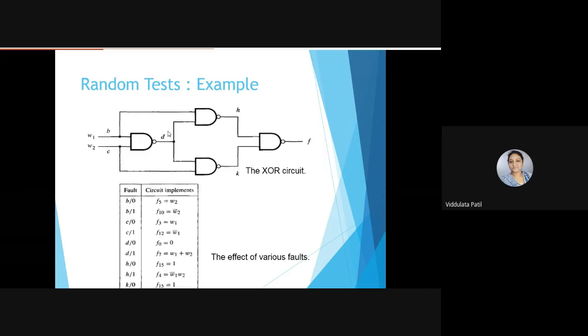So 0 1 will make H equal to 1, and K is equal to 1, so F will be equal to 0.